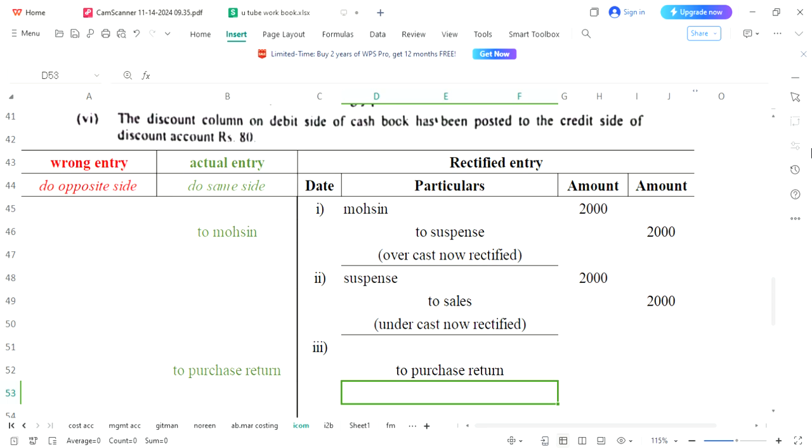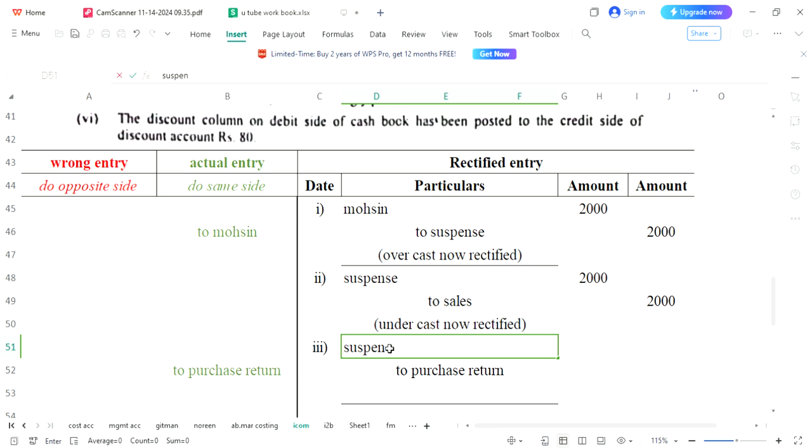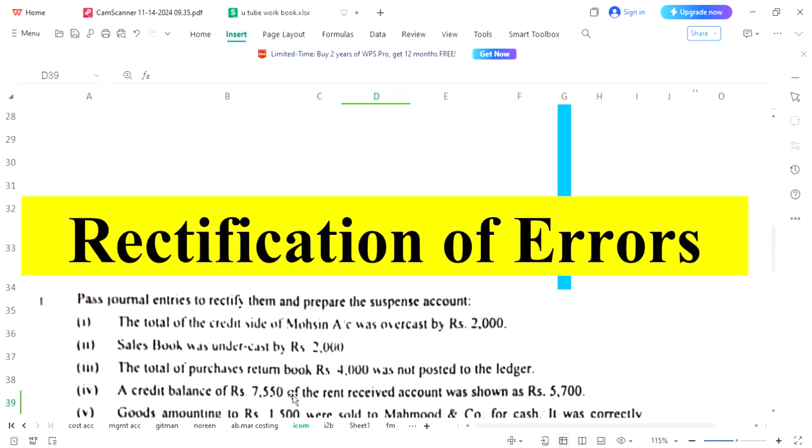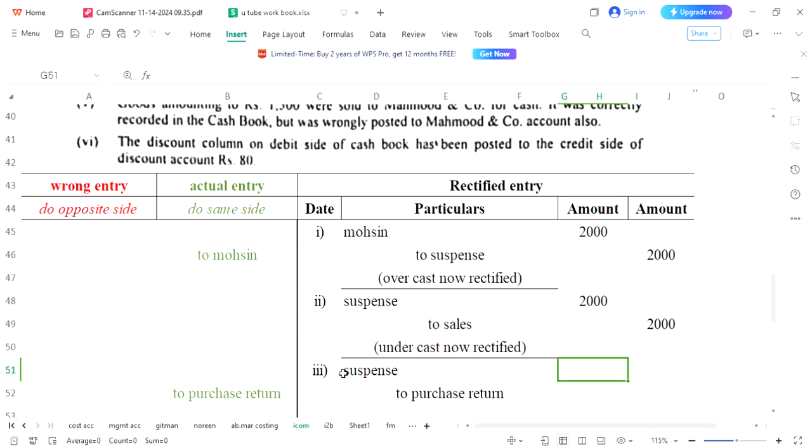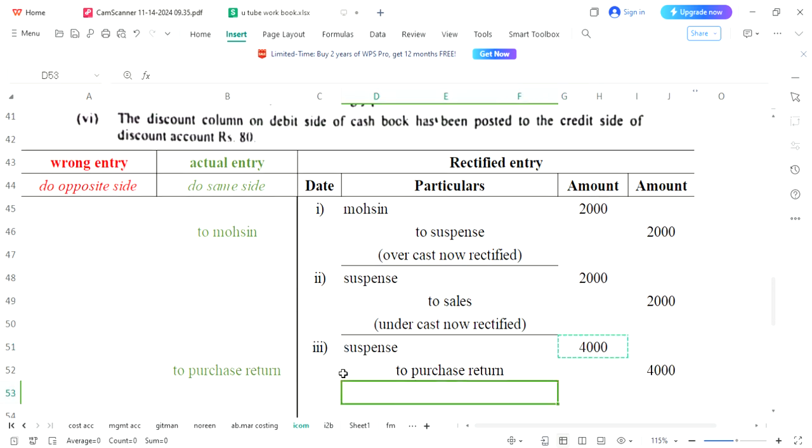In this way, the entry has been completed. There was only one mistake and that has been rectified. Nothing has been left for the debit side. For the time being, we will write suspense account. Let's see what the amount was. 4000. So 4000 would be written on the debit side and the same amount would be written on the credit side.